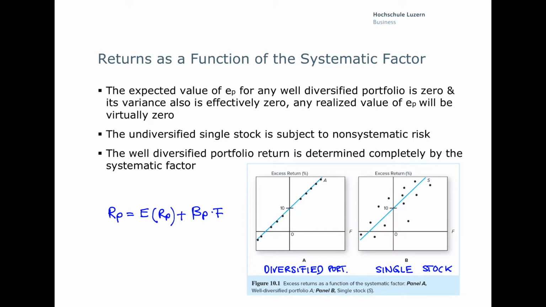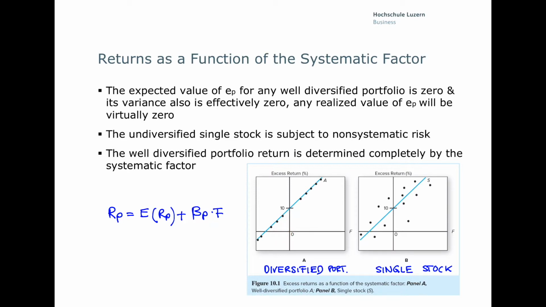Panel A plots the excess return of a well-diversified portfolio A with the excess return equal to 10% and the beta equal to 1 for various realization of the systematic factor. The intersection with the y-axis is where the systematic factor is 0 on the x-axis, implying no macro surprises.